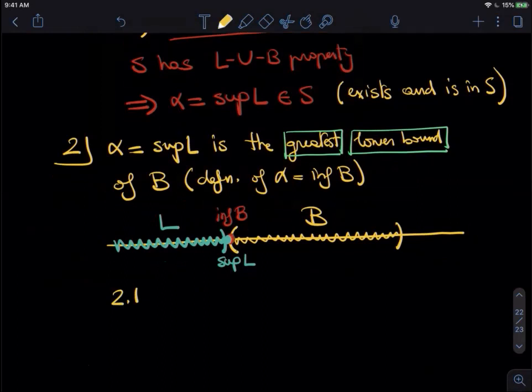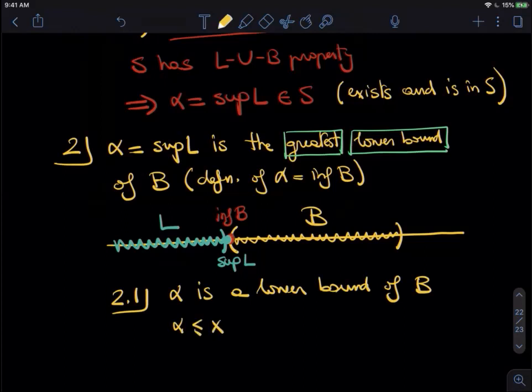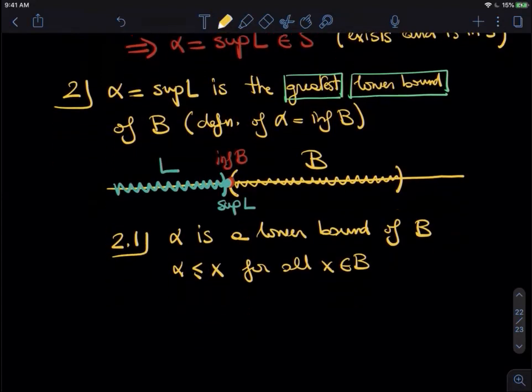So 2.1. The first thing to check is that alpha is a lower bound of B. This means alpha is less or equal than x for all x in B. And here you need to provide a reasonable proof until it's completely clear.